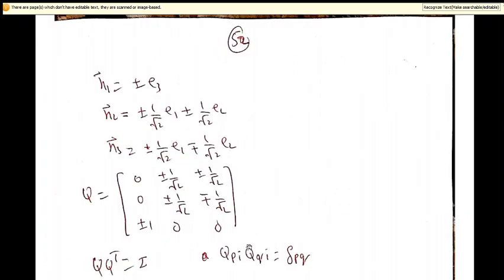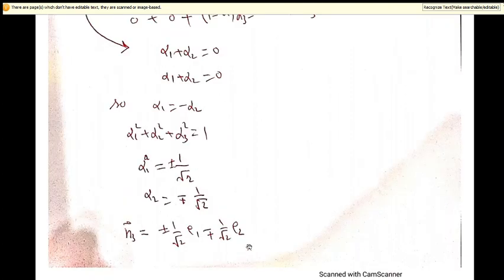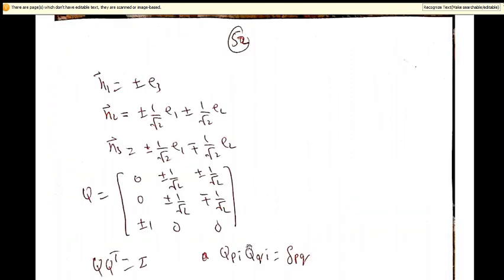So the third is n3. These are the 3 unit vectors n1, n2, n3 in these directions. Which directions?